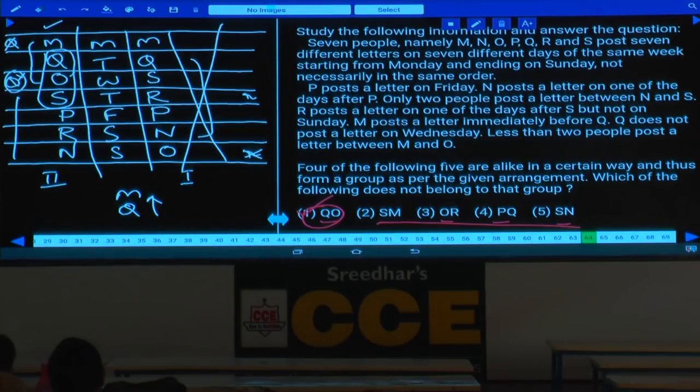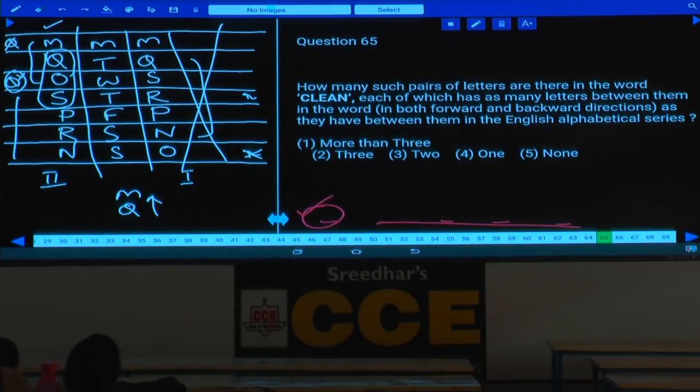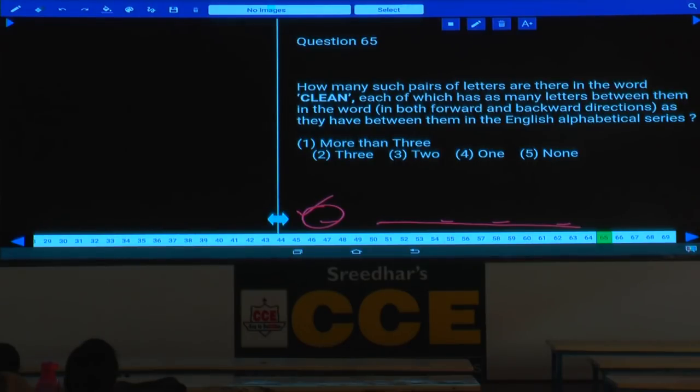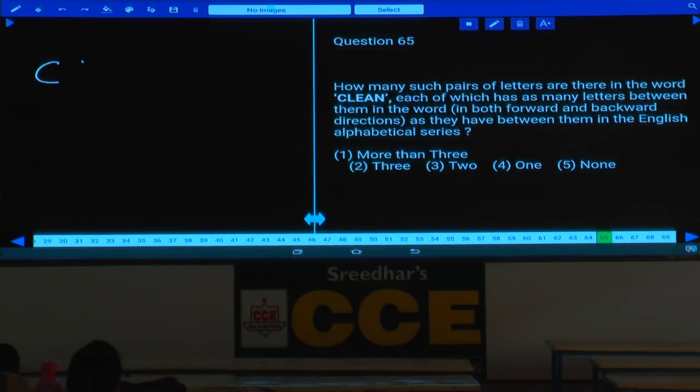And next one, question number 65. How many such pairs of letters are there in the word CLEAN? These are alphabetical pairs. C-L-E-A-N. Tell me how many pairs we have.